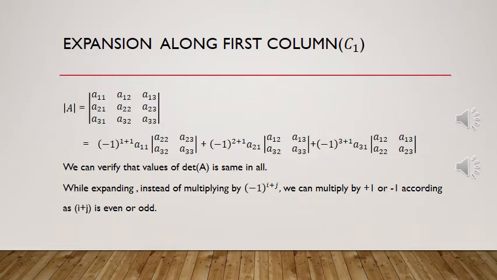Negative 1 raised to 6 is positive. So, according to even power, just assign positive 1. According to odd powers, 3, 5, etc., put negative sign. This is the way we expand determinants. And the answer is called the value of the matrix.